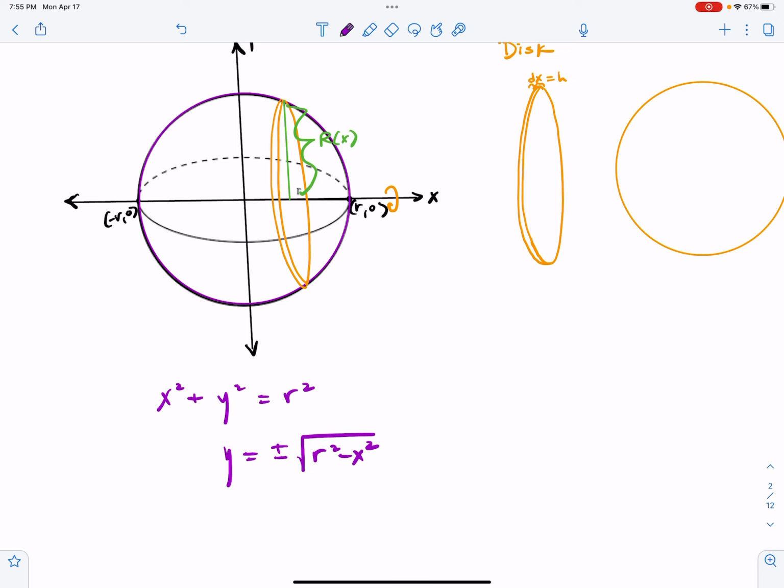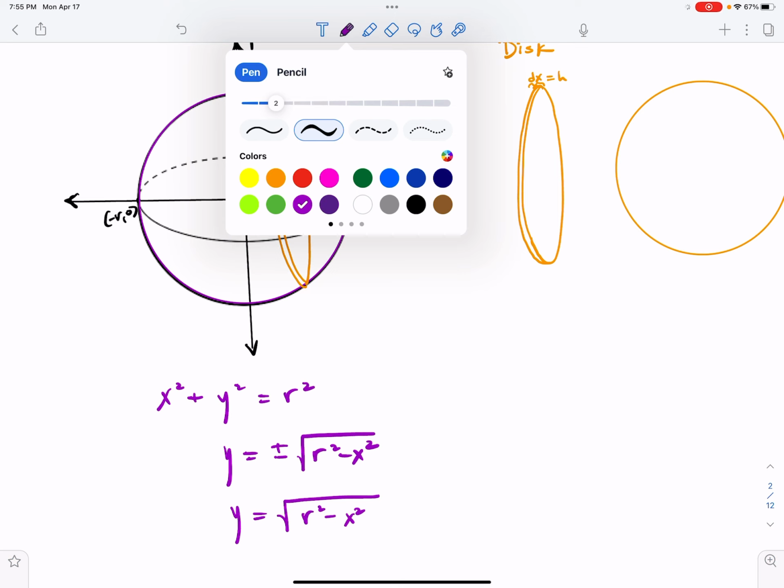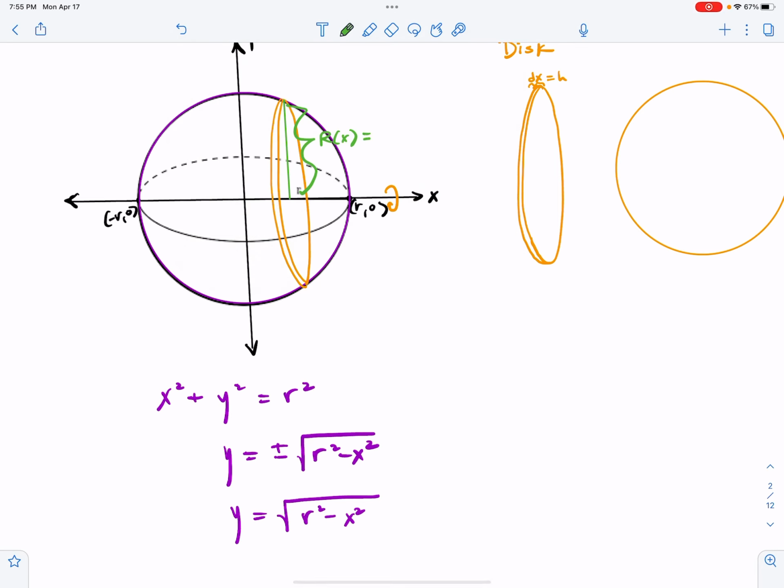So we could actually think about just taking the positive square root of r squared minus x squared. And if we're looking at my picture, r of x we could say is equal to the square root of r squared minus x squared.